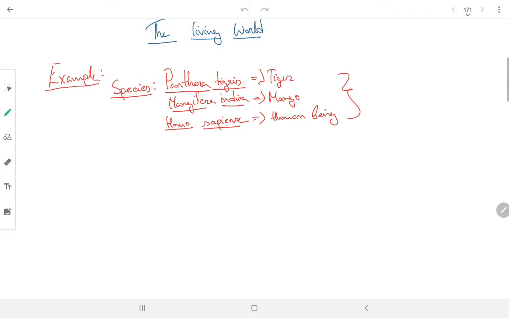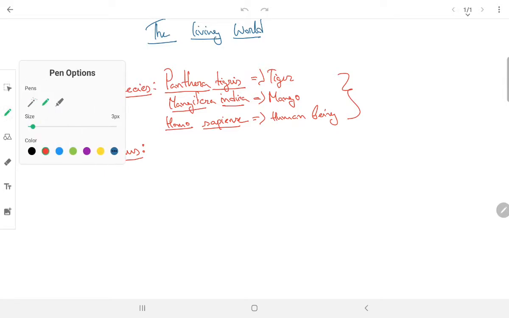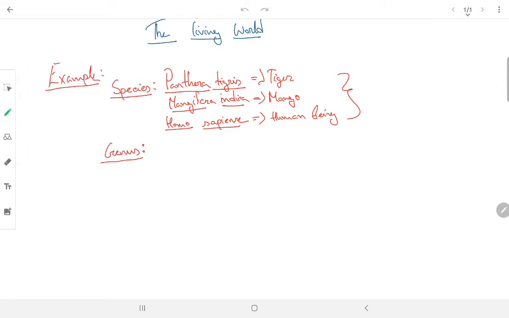Next was genus. The definition of species we have studied. If I show you the definition of genus, every other definition you can write on your own for every other taxon.